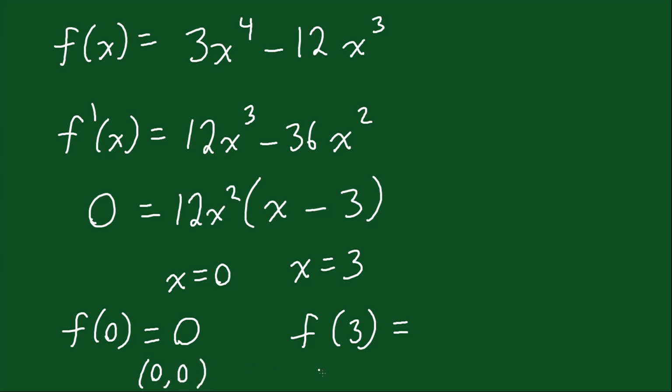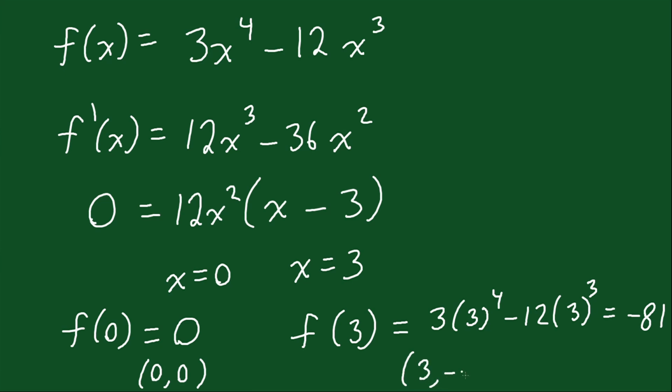That's one of our critical points. If you plug in the number 3, you're going to have 3 times 3 to the 4 minus 12 times 3 to the 3. If you follow your order of operations, what you're going to get is negative 81, meaning we have the point 3, negative 81 as one of our critical points.